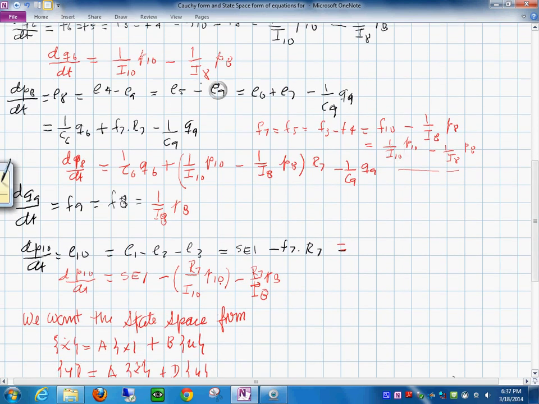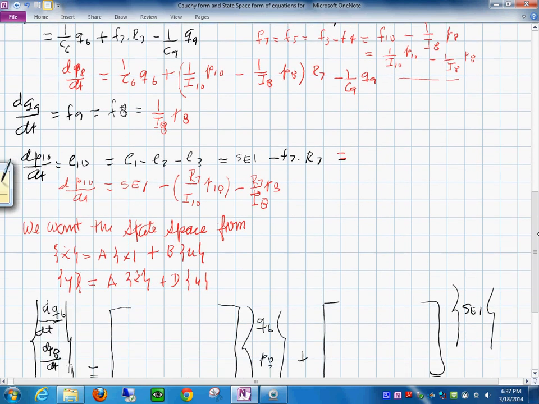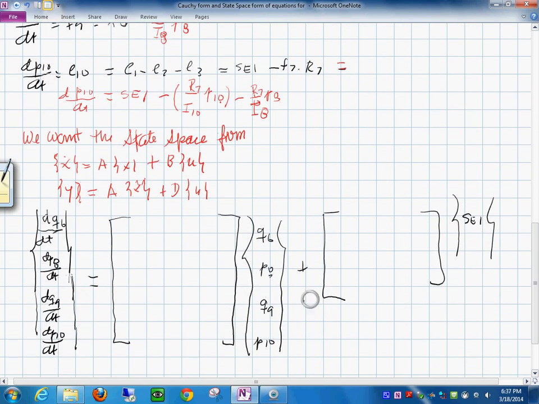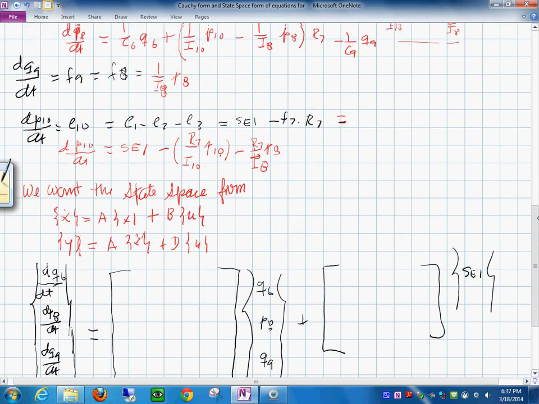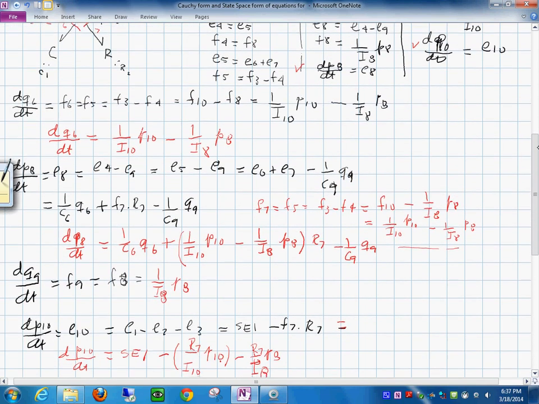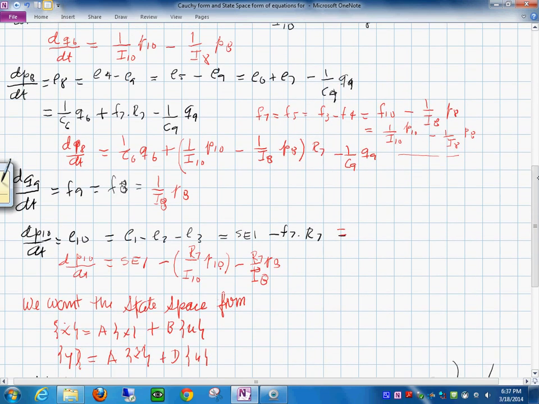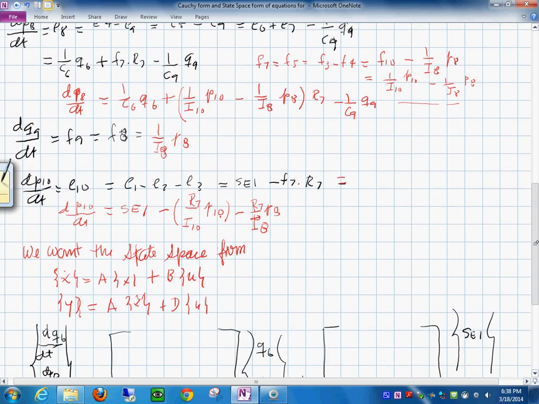You have P10 and P sub 8 only. So on the first equation, do we have anything to deal with Q sub 6? No. So this is going to be a 0.